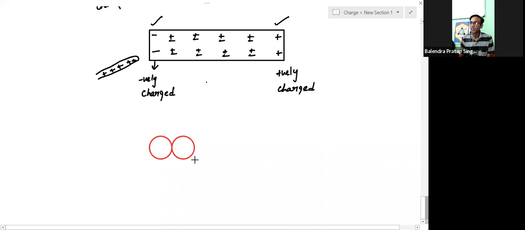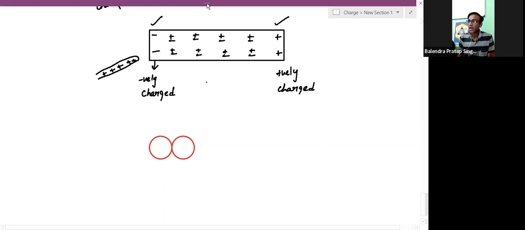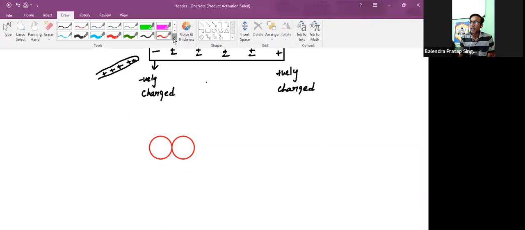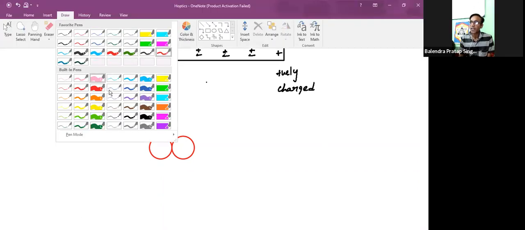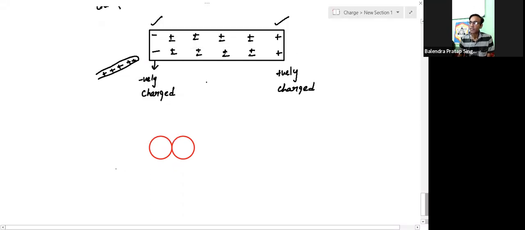They have an equal number of positive and negative charges, so they are neutral. What I'm going to do is bring a positively charged rod very close to this sphere.